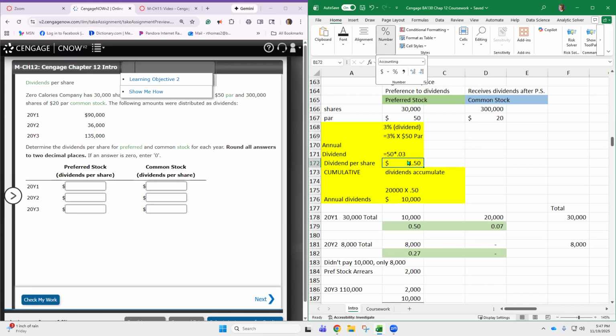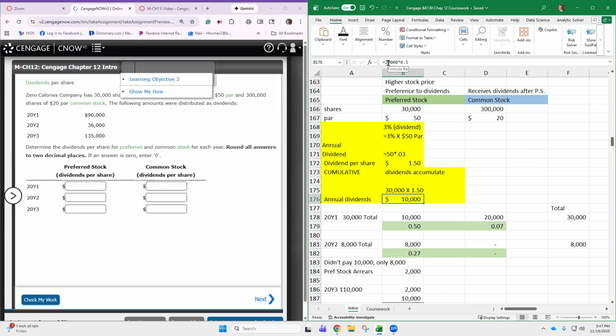So I'm going to explain to you how this would work. Let's see, how many shares of stock do we have? We have 30,000 shares, right? Yep, 30,000 shares of preferred stock. They're paying out $1.50 in dividends.